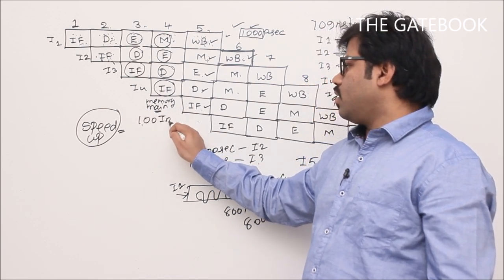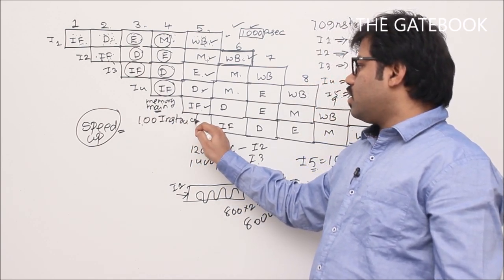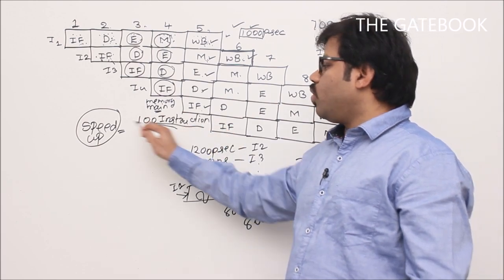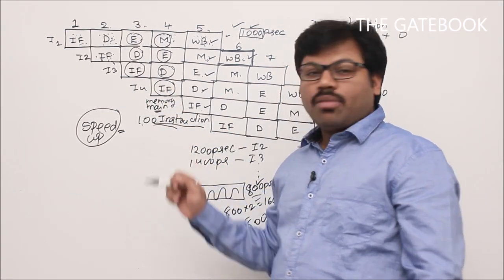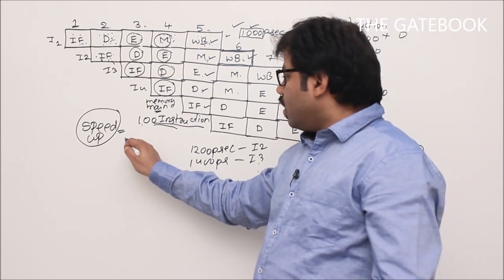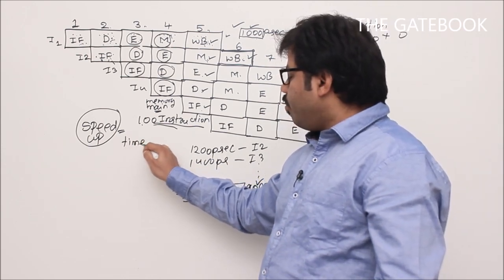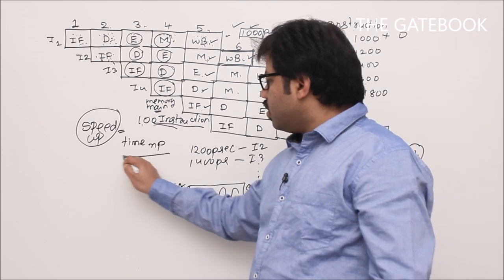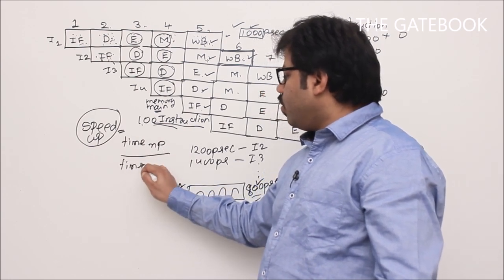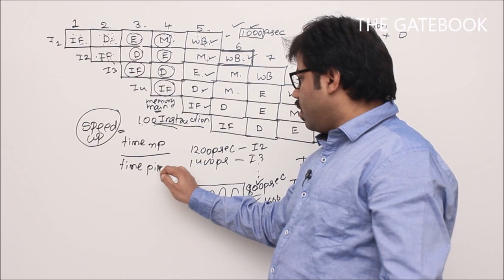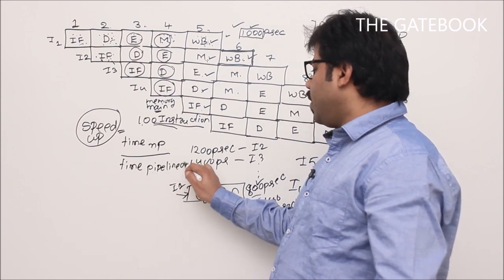The speed up formula is the time required in non-pipelining divided by the time required to execute in the pipelined model.